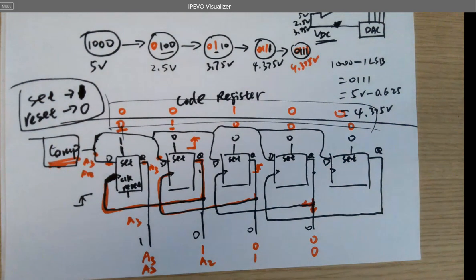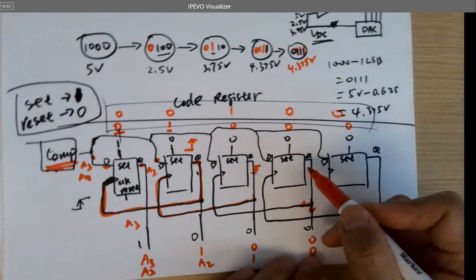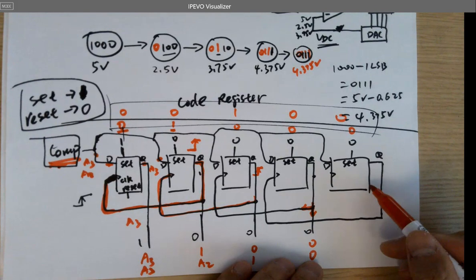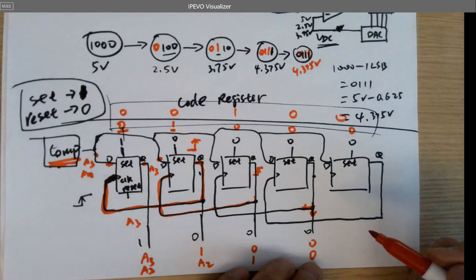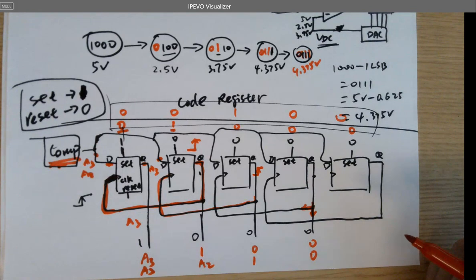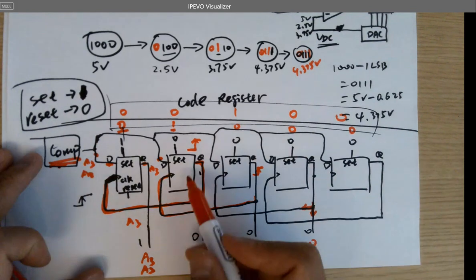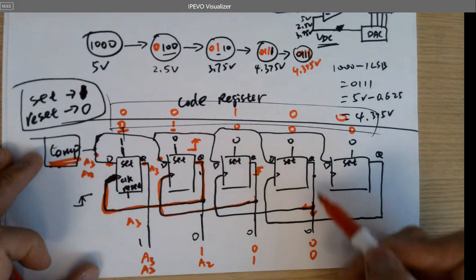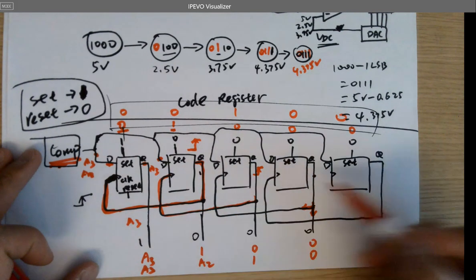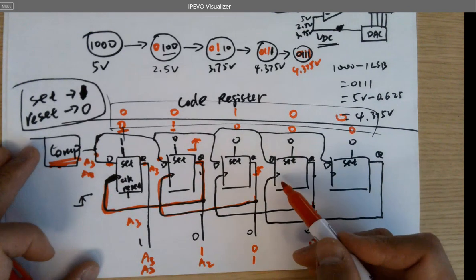Because you always need someone behind you to trigger it, right? The fourth one needs to get triggered, so you need one more behind it to provide a clock for it. Because the second one provides a clock for the first one, the third one provides a clock for the second one, the fourth one provides a clock for the third one. I mean the fifth one provides a clock for the fourth one, right?